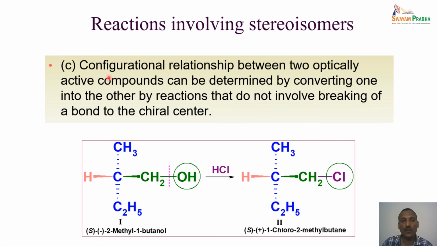So the next one is that the configurational relationship of two optically active compounds can be determined by converting one to the other in a way that does not involve breaking of a bond at the chiral center. So this is the extension of the previous one. We already know when no bond at the chiral center is broken, that means the configuration of the starting material and the end product are going to be the same, irrespective of whether both are R isomers or S isomers.